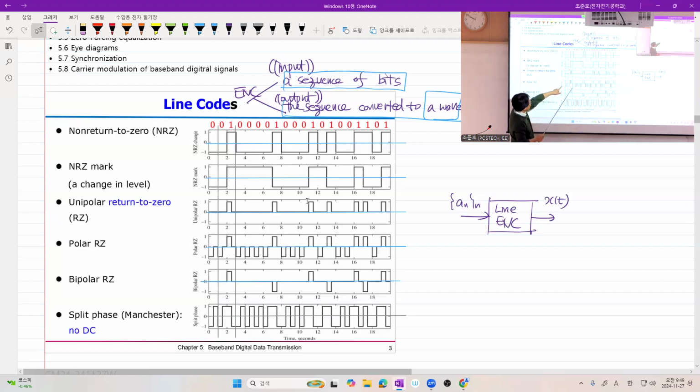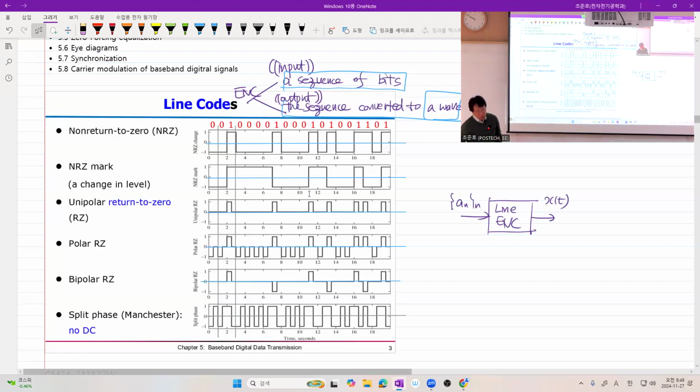However, if you have polar return to 0 or Manchester code, you regularly have rising and falling edges. Of course, here, in this case, there is no edge. But you are almost guaranteed that in the middle, you always have some edge, right?